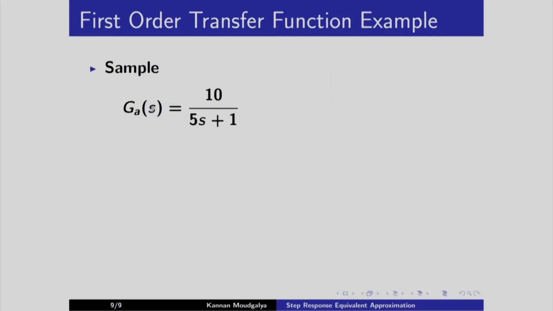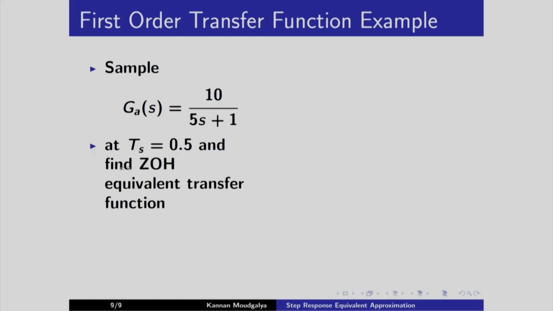So the transfer function is given by 10 over 5s plus 1. Let us sample it at Ts equals 0.5, that is, the sampling period is 0.5. Of course it is assumed that consistent time units are used. Typically these could be seconds. In chemical engineering these could be minutes also, but if it is not stated, we generally take it as seconds.